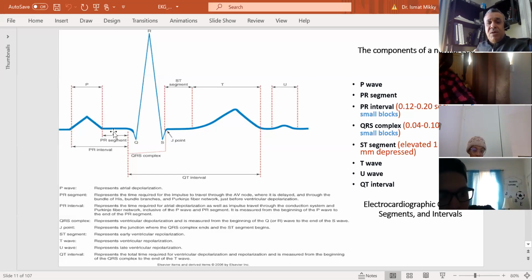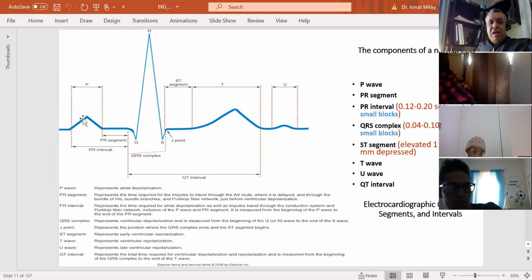It's the delay time before the signal reaches the AV node. I'm sorry, for the signal to reach the AV node from the SA node. And that's the delay needed for the atria to drain blood.